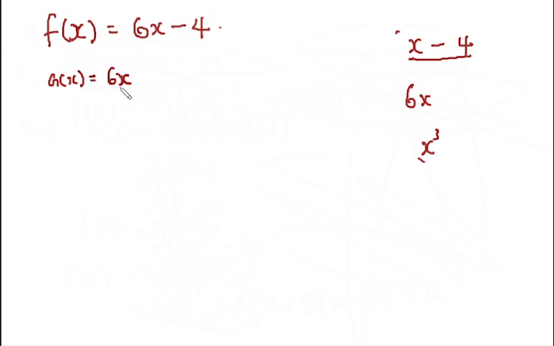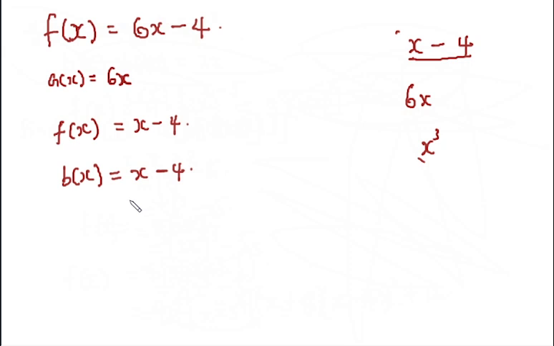Because we've said a of x equals 6x, we will replace 6x with x. Okay? So we now have f of x is equal to x minus 4. Because minus 4 does an operation on x directly, we can say this is also a function. Okay, so we can say b of x is equal to x minus 4.